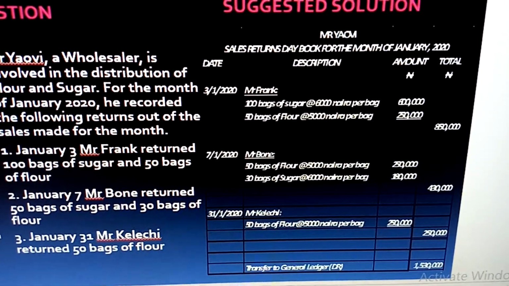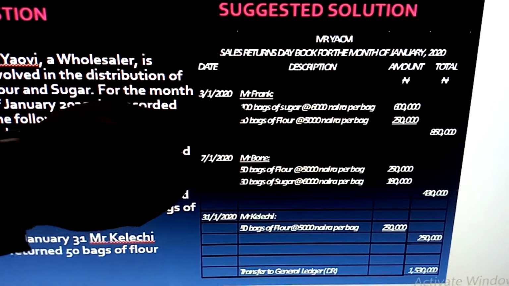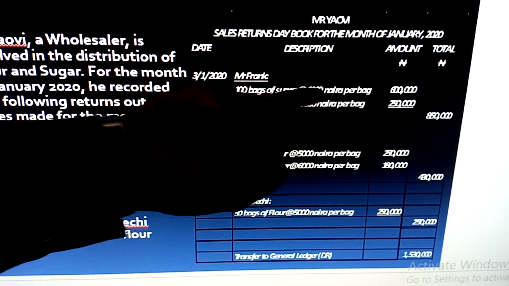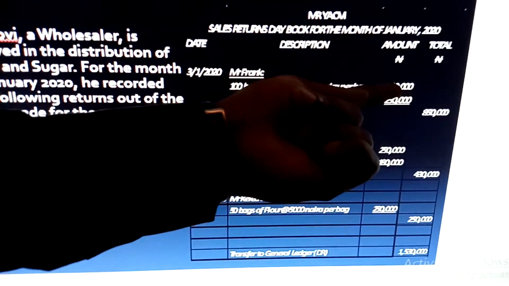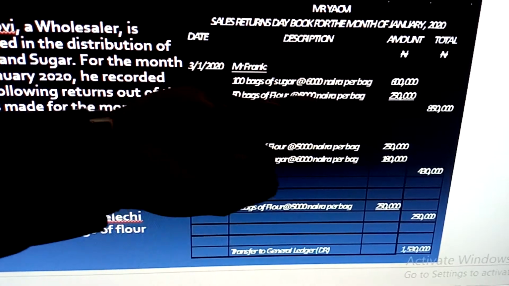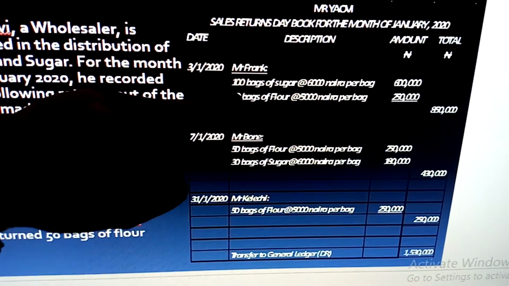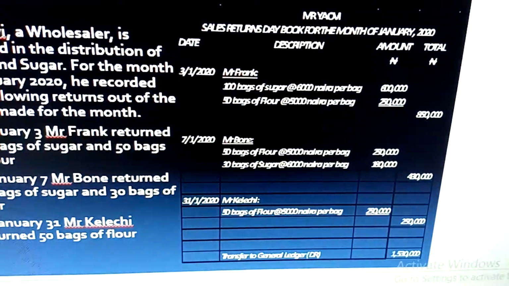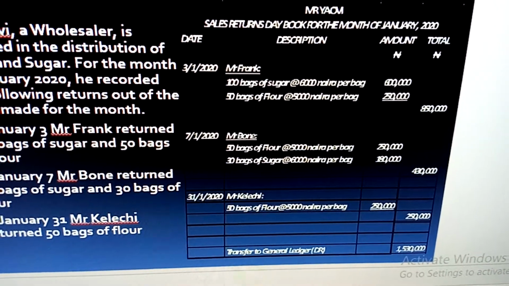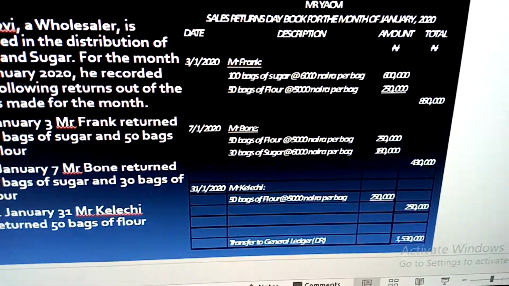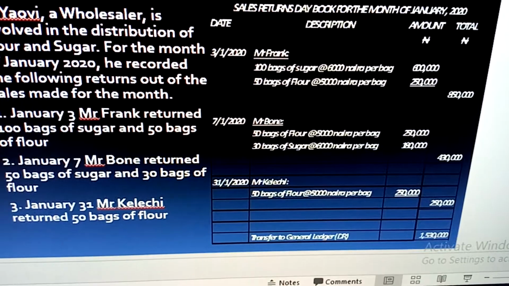Now that we have established the cost, 100 bags of sugar at 6,000 naira per bag: 6,000 times 100 gives us 600,000. 50 bags of flour at 5,000 naira per bag: 50 times 5,000 gives us 250,000 naira. In total, Mr. Frank returned goods worth 850,000 naira.